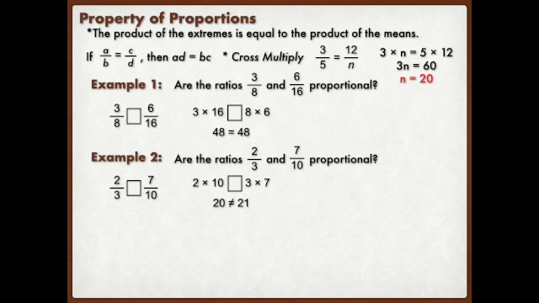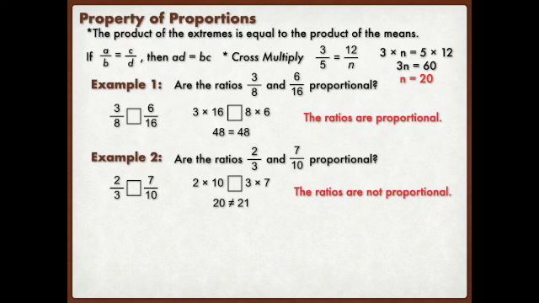So let's cross multiply 3 times 16, 8 times 6, and we get 48 equals 48. Okay, that's proportional. And then when we do example 2, 2 times 10 is 20, but 7 times 3 is 21. Okay, that is not proportional.